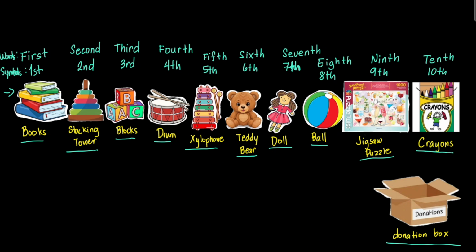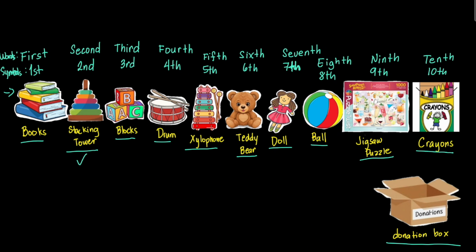So, look at the items and their ordinal numbers. What is the second item in the second row starting at the left? If your answer is stacking tower, then your answer is correct.